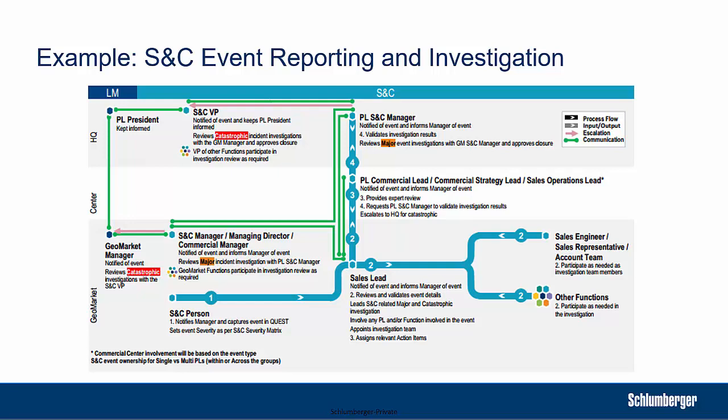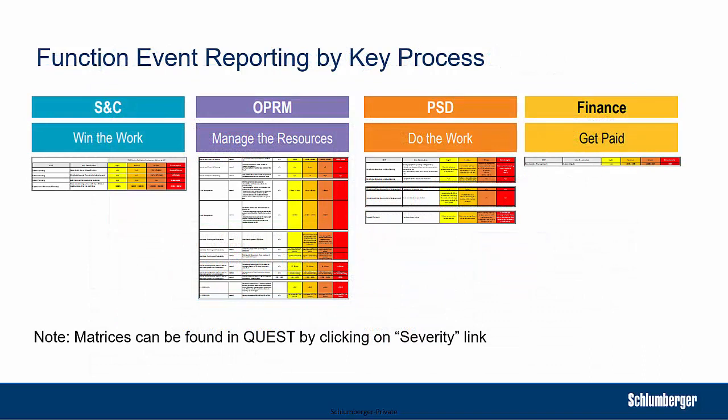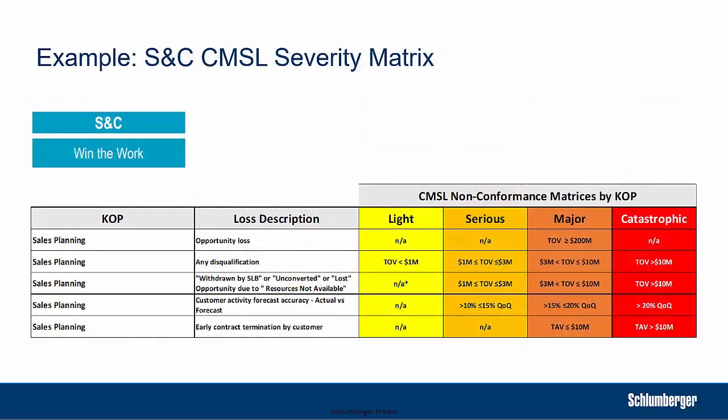The severity matrices are defined by each function and describe the loss criteria and severity levels for light, serious, major, or catastrophic events reported by that function. Here again, an example for sales and commercial. This guidance provides the basis for how the function will monitor events, learn, and take proactive actions to improve their processes.